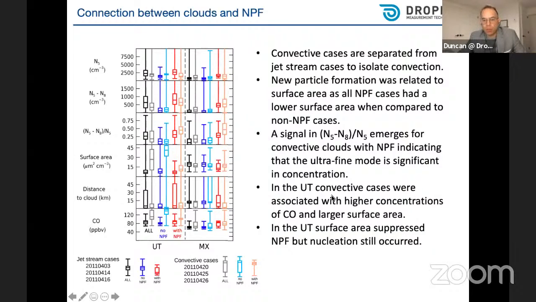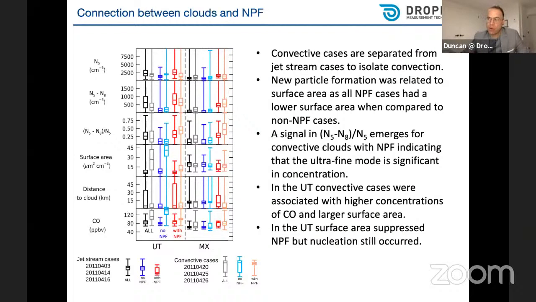In the upper troposphere convective cases, we noticed a higher concentration of CO and larger surface area. So we see here in the convective cases, we have higher concentrations of CO. So this means that the convection is bringing the CO from the boundary layer into the upper troposphere and the mixing layer. And it's also causing the surface area to increase.